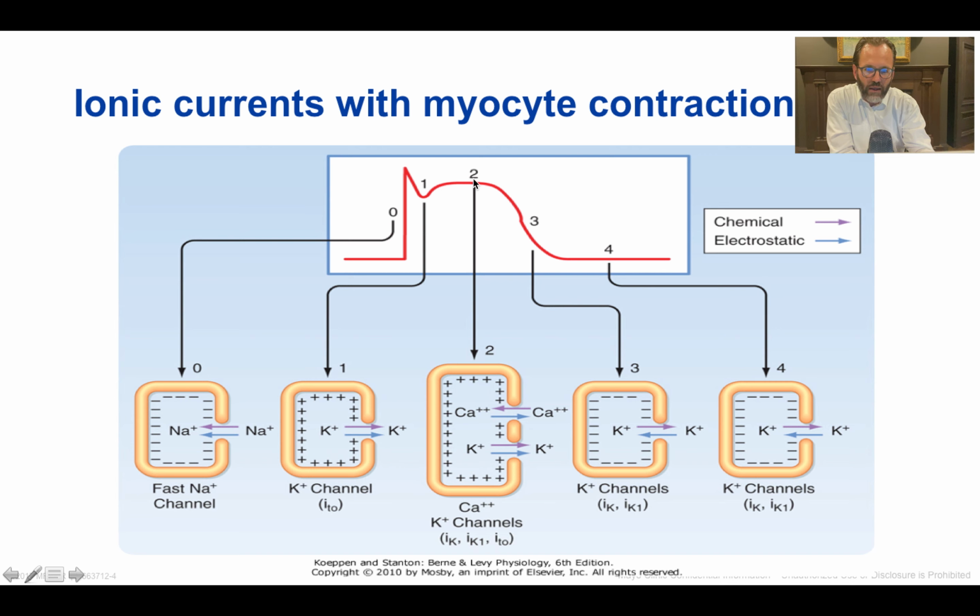And then ultimately, as those channels close, we have the repolarization of the cell, largely again due to the efflux of potassium, and then ultimately returning back to baseline here. And so those are the 5 phases of the cardiomyocyte action potential that I think it's important for you to take into consideration and appreciate and understand.